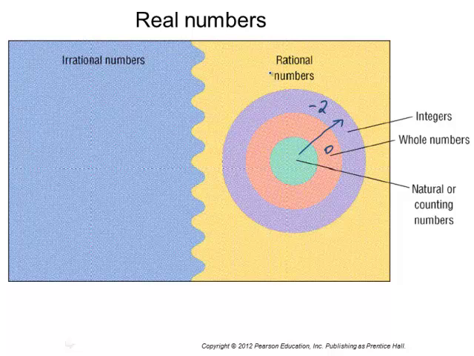So the rational and irrational are disjoint from each other. And the rational together with the irrational numbers make up the set of real numbers. So if you have a real number, it's either going to be irrational or rational. There's no other choice. Okay?